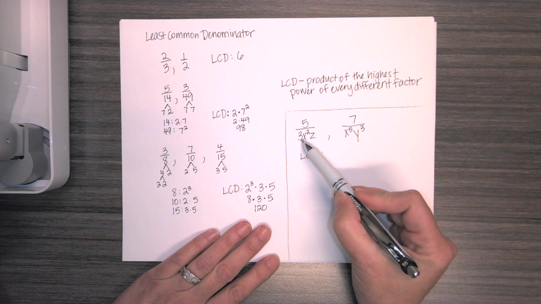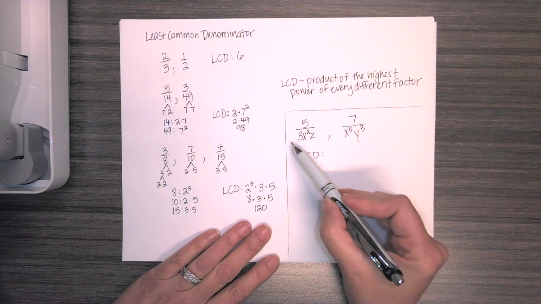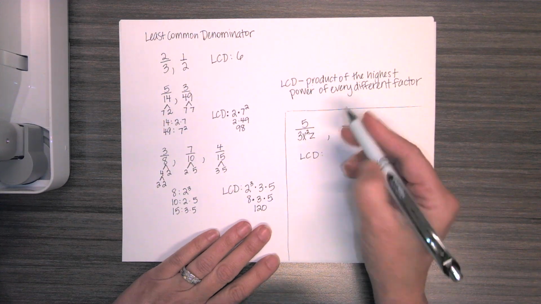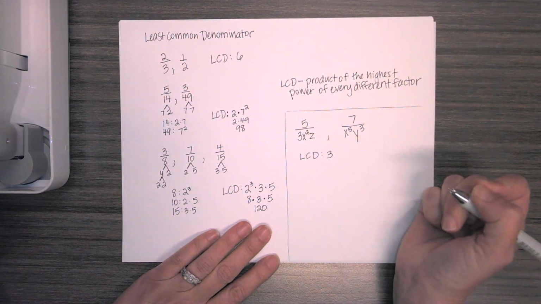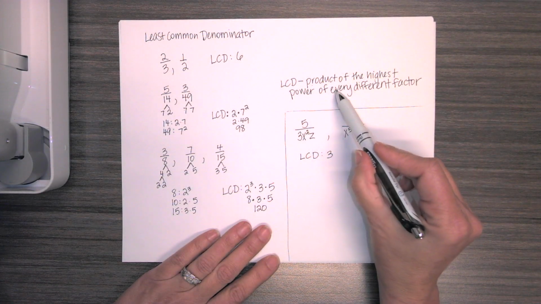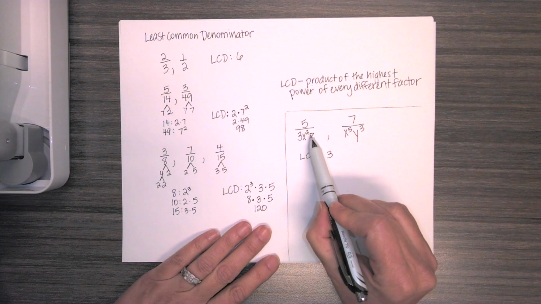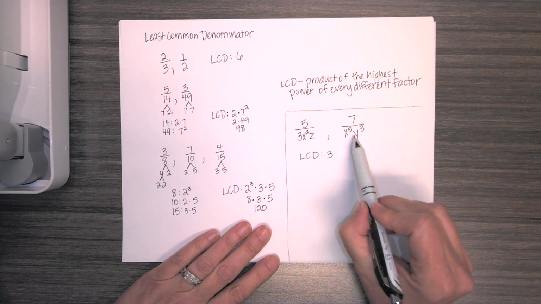Well, my number part, my coefficient in the denominator here is 3, here it's a 1. Well, the common denominator for 3 and 1 would be 3. Alright, then we're going to take the highest power of every different factor, and those variables, we're looking for the highest power of every different variable that we see.